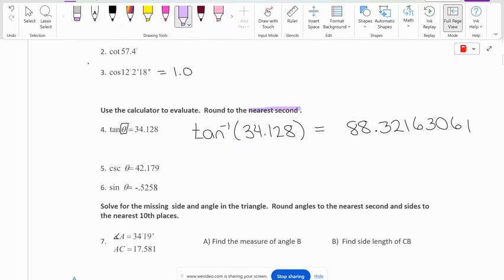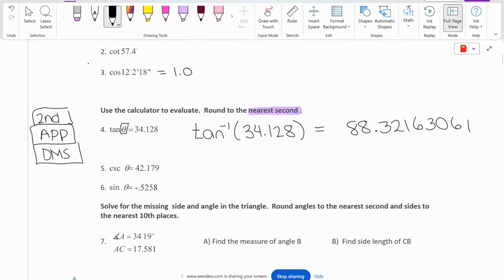To the nearest second, which means I want this answer in degrees, minutes, and seconds. Does anybody remember how we get degrees, minutes, and seconds given a decimal? Yeah, do that, and then you go into second apps and then DMS. You got it. Second apps DMS, which I believe is choice 4.